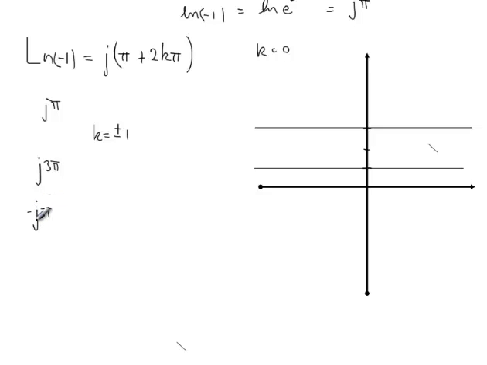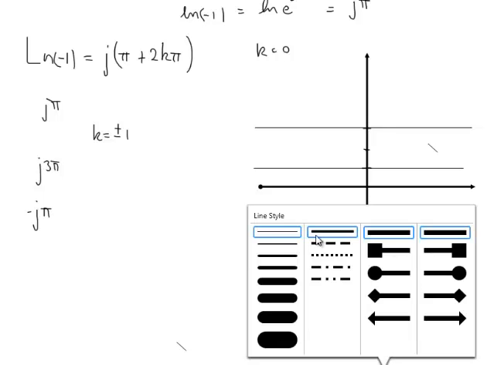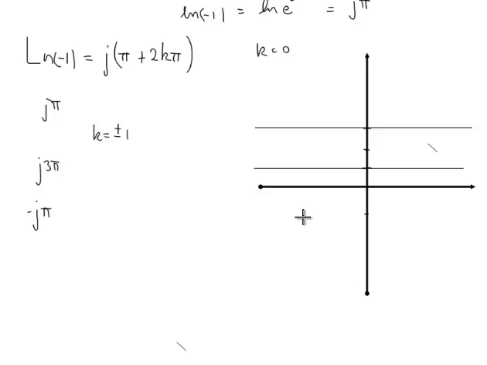Then if you think of the line y is equal to minus pi, you're taking that measurement and you're putting it there. Then you are taking a line and you are putting it there.